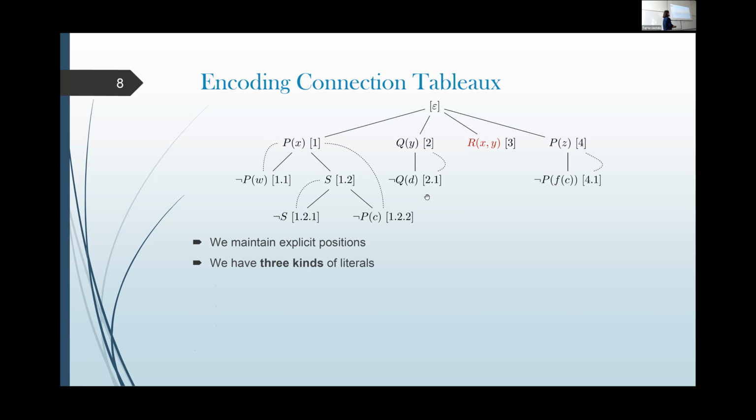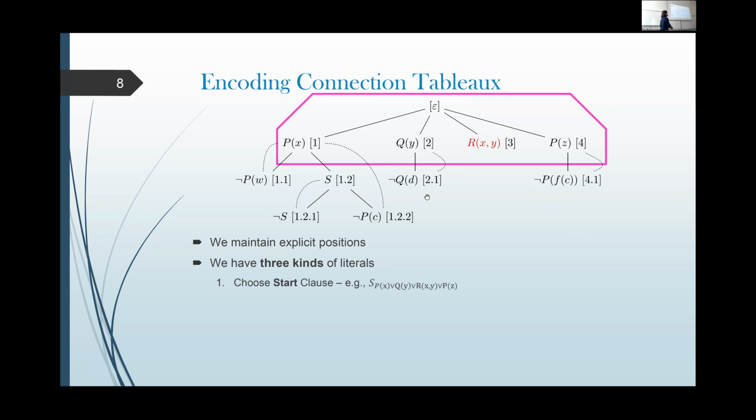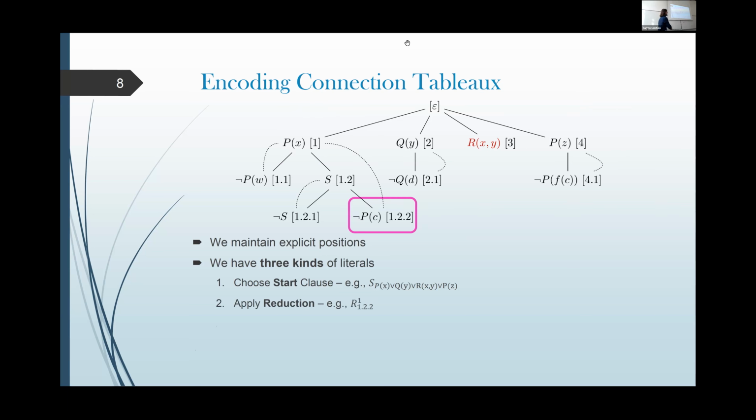We already now have three different kinds of literals. The first one is a start clause literal that just says we put this particular clause at the start. Of course, only one of them is assigned to true, because we only start once. That's what we want, rather than in the previous one where the SAT solver started having multiple proofs at the same time. Then we have reduction atoms. In this case, it just says this element at position 1.2.2 is reduced to position 1, so it's this X here.